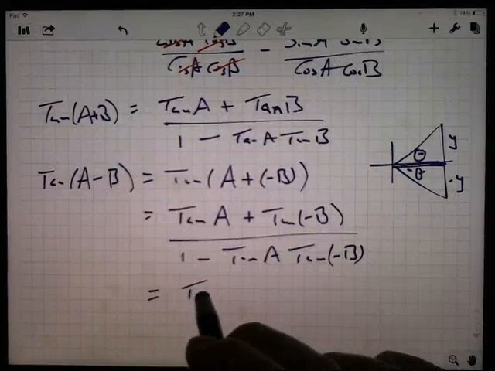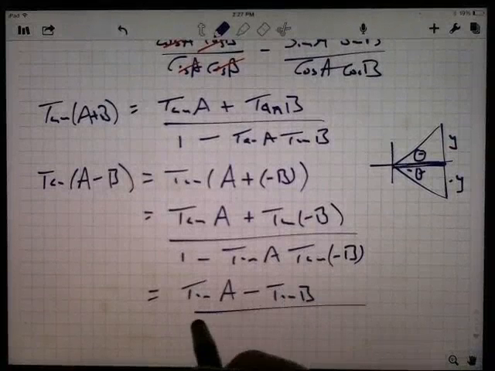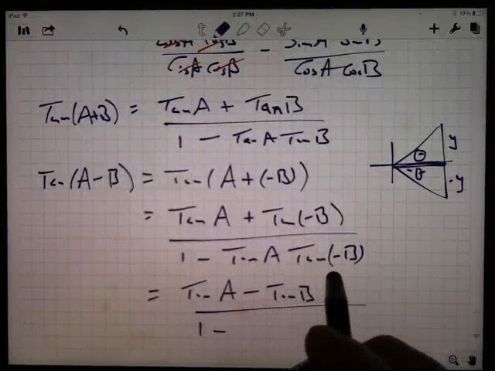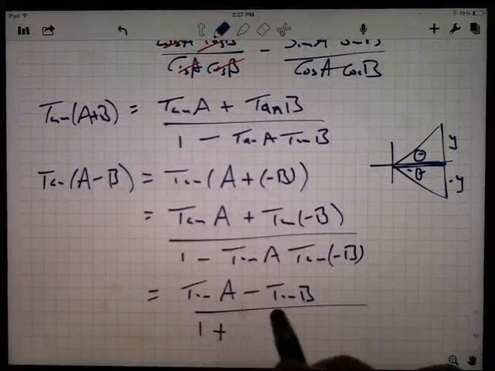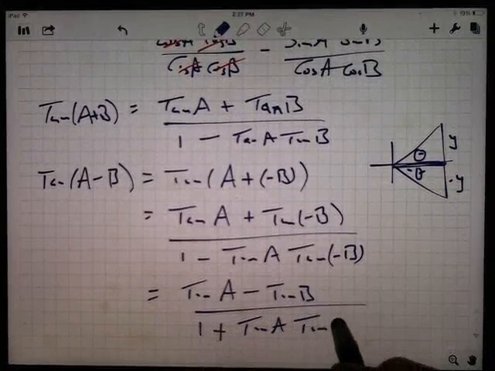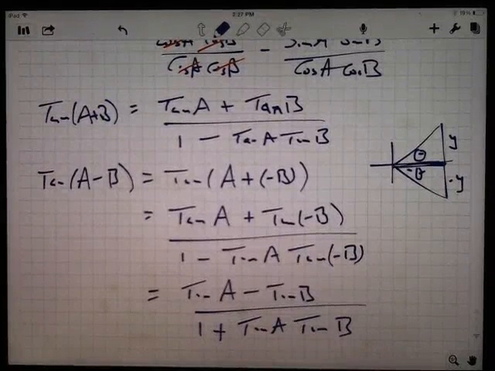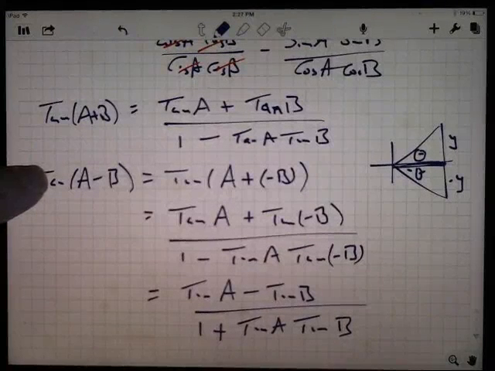So this is the tangent of A minus the tangent of B, over 1 minus, and on the bottom, again, the minus sign comes out, but there's a minus sign already there, so that becomes a plus: tangent A, tangent B. Okay, tangent of a sum, tangent of a difference.